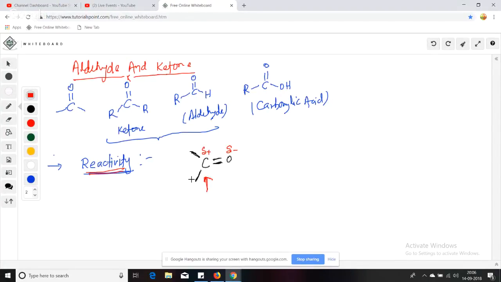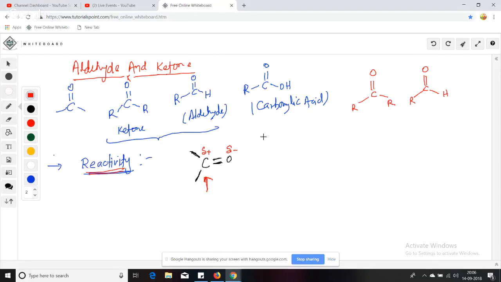Now if I talk about the reactivity of aldehyde and ketone, take C double bond O with H on this side and R here, and C double bond O with R here and R here.